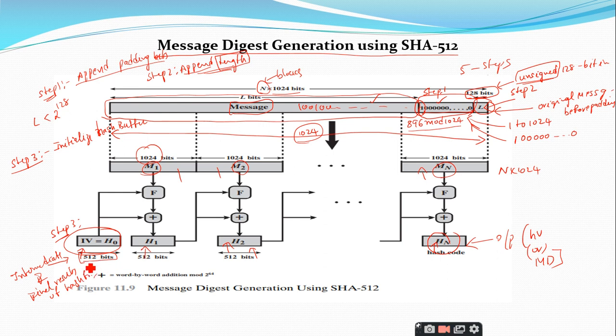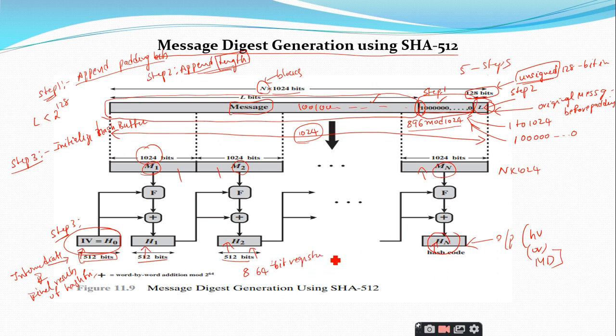And as you can see, the buffer is of size 512 bits, and the buffer can be represented as 8 64-bit registers, right. So this 512 bits is divided into 8 64-bit registers.